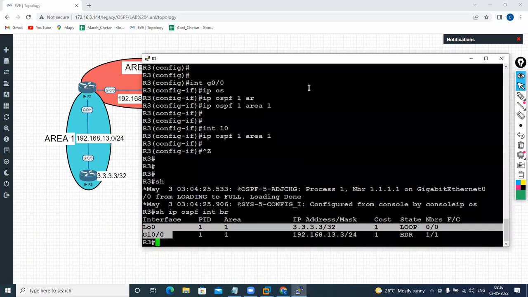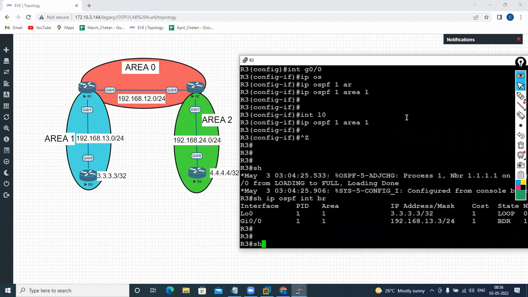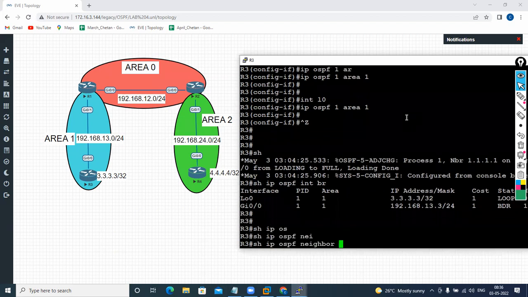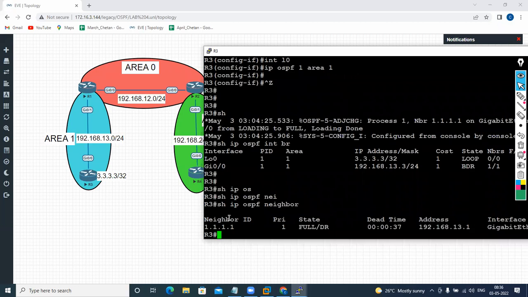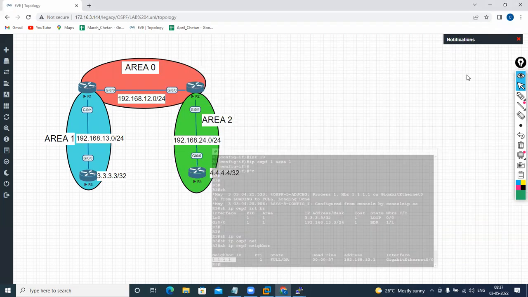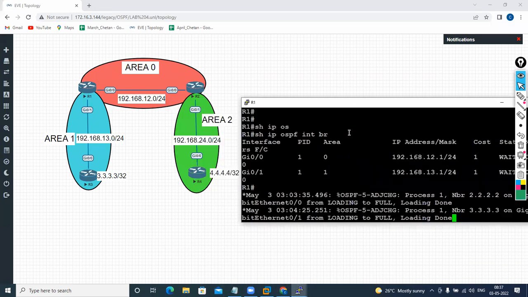Go to R3 and check the neighborship. Show IP OSPF neighbor. We have one neighborship with 1.1.1.1. On R1, we'll be having 2 neighborships.